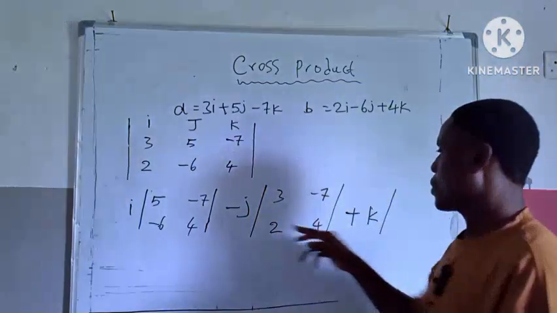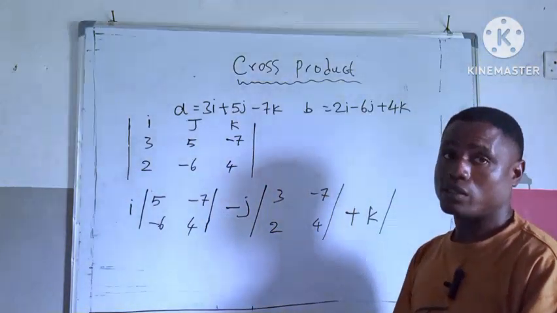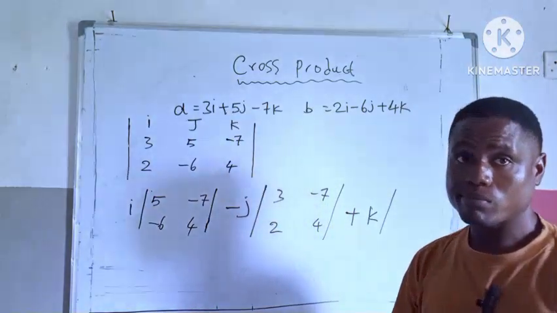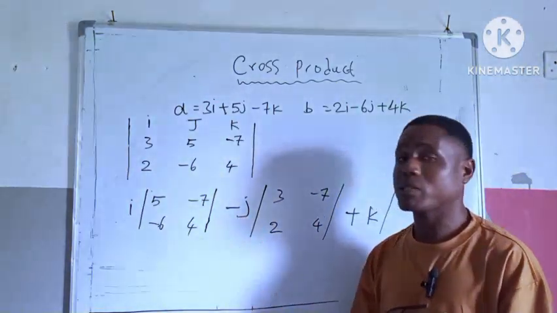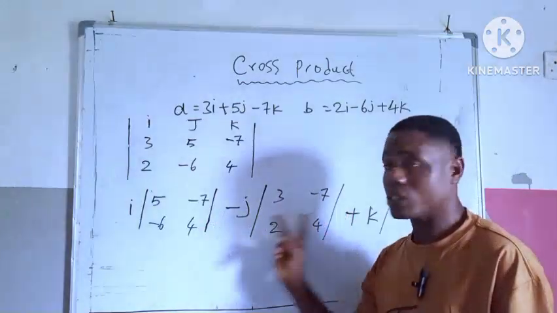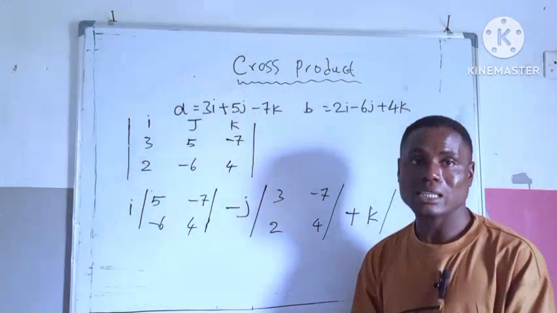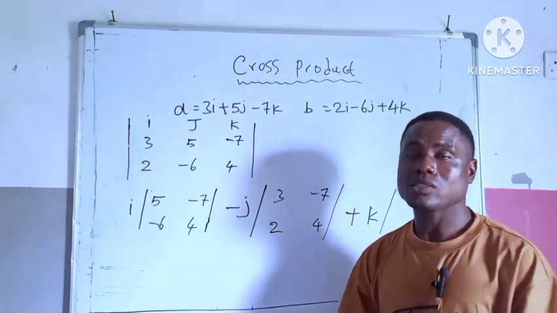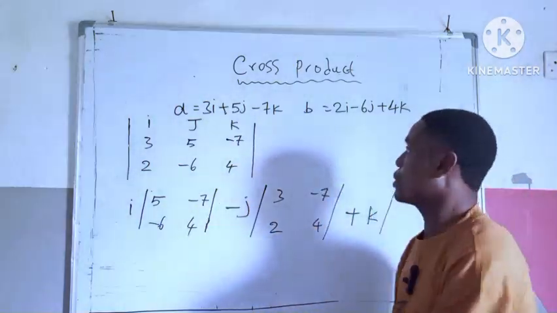Only this J, this middle one, is minus. Just take note. Any alphabet they give, just know that the middle one is negative. That is how it is, so put it in your brain.